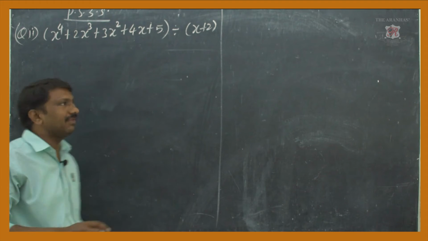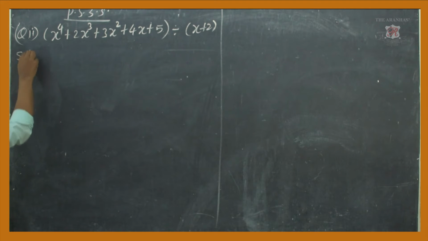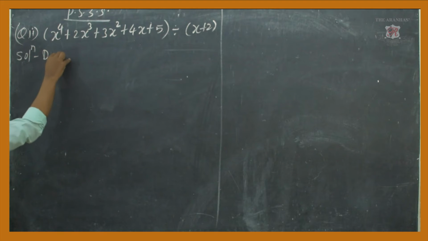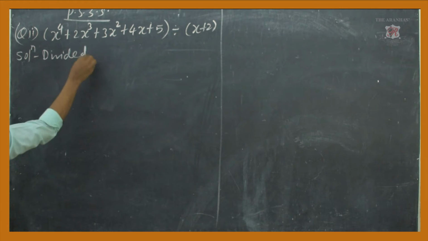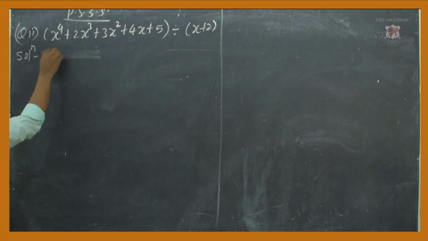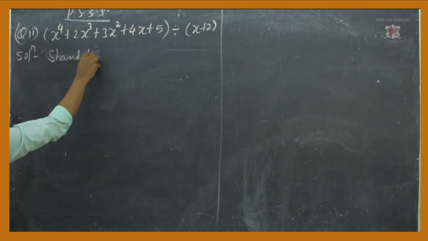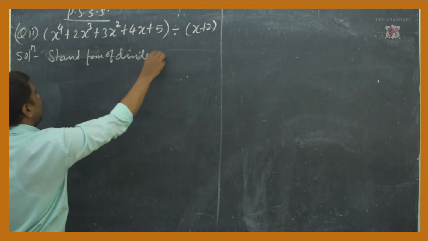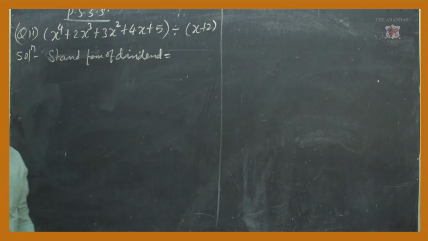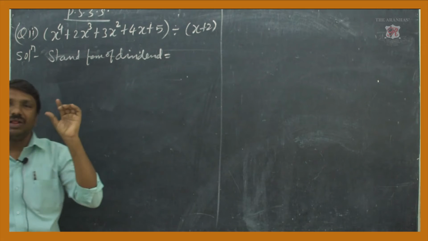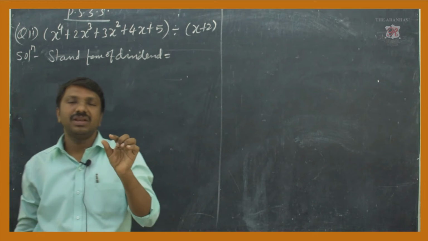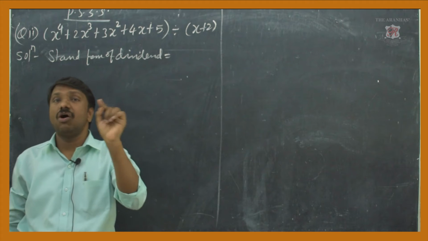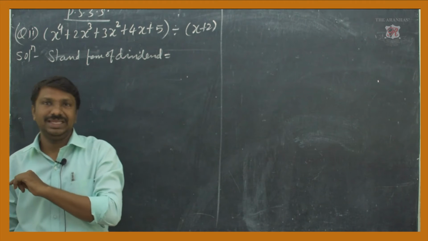In the solution, the first step is to check the standard form of the dividend. Standard form of the dividend means all the terms should be arranged according to the descending order of the index power of the variable.